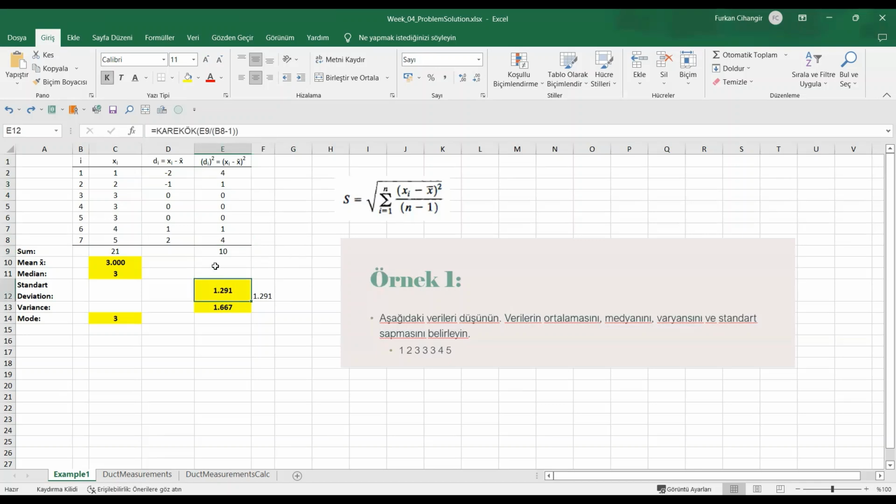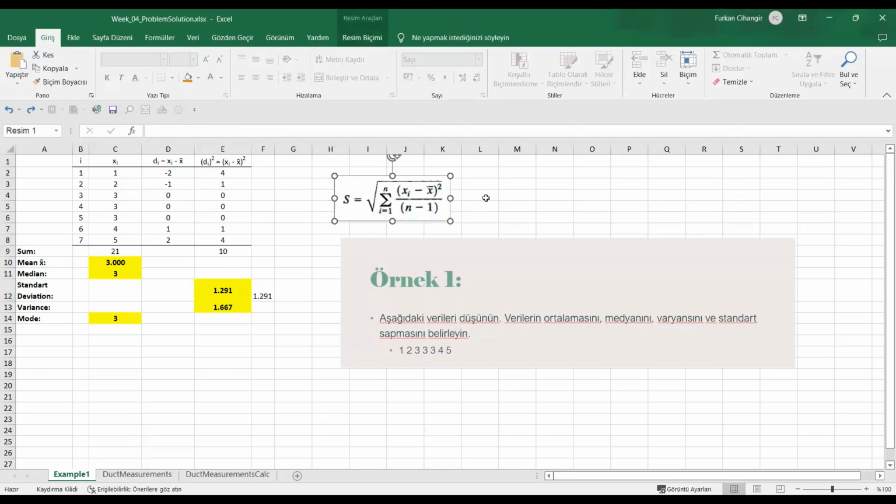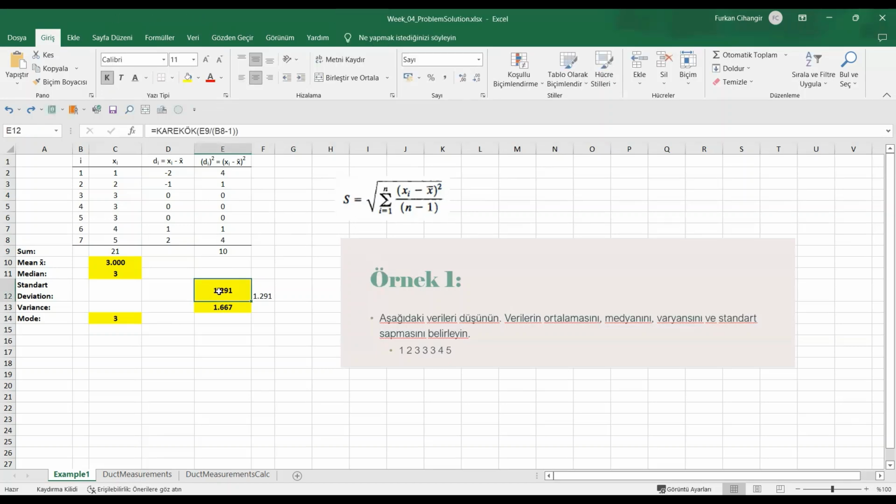So for standard deviation, remember the formula. Okay, this is the standard deviation formula, right? So what I'm going to do is take E9, which is the sum of the squared deviations, and divide it by B8 minus 1.